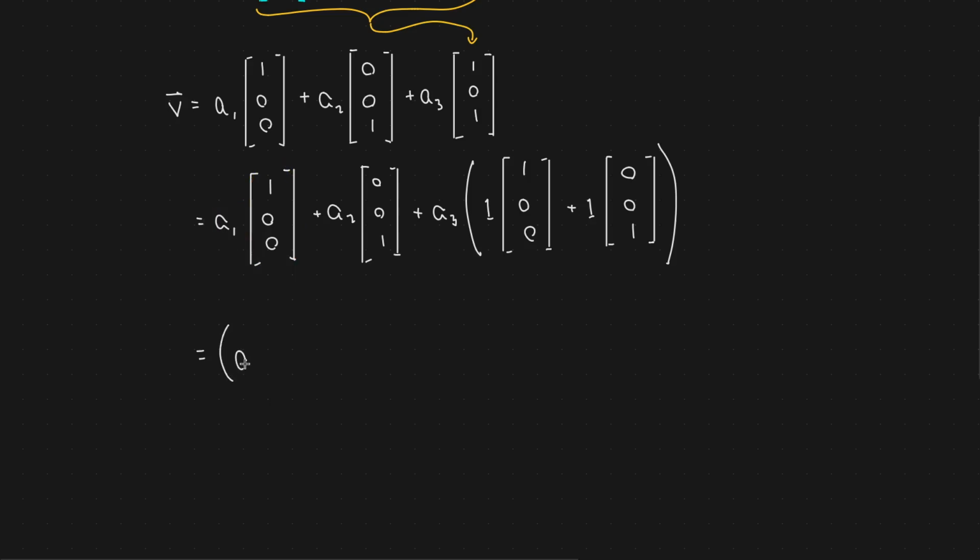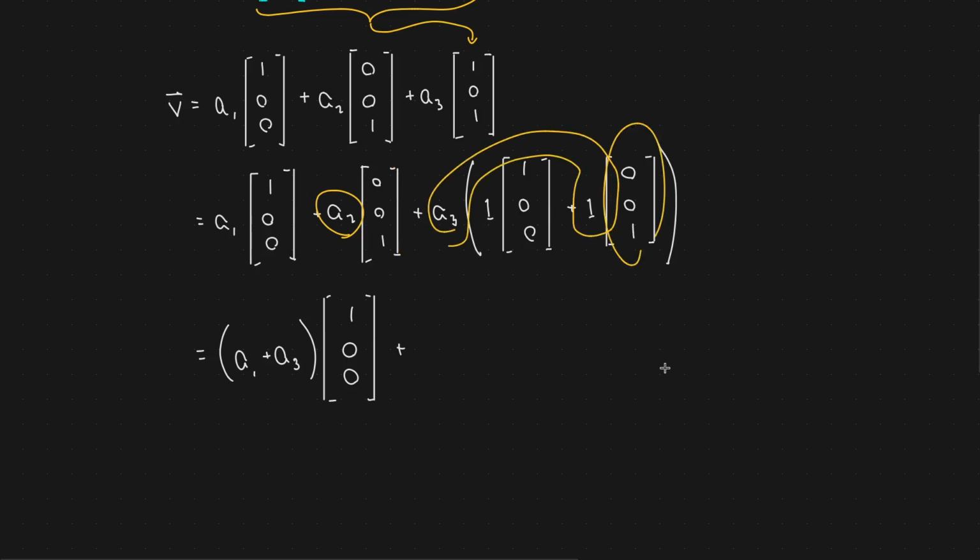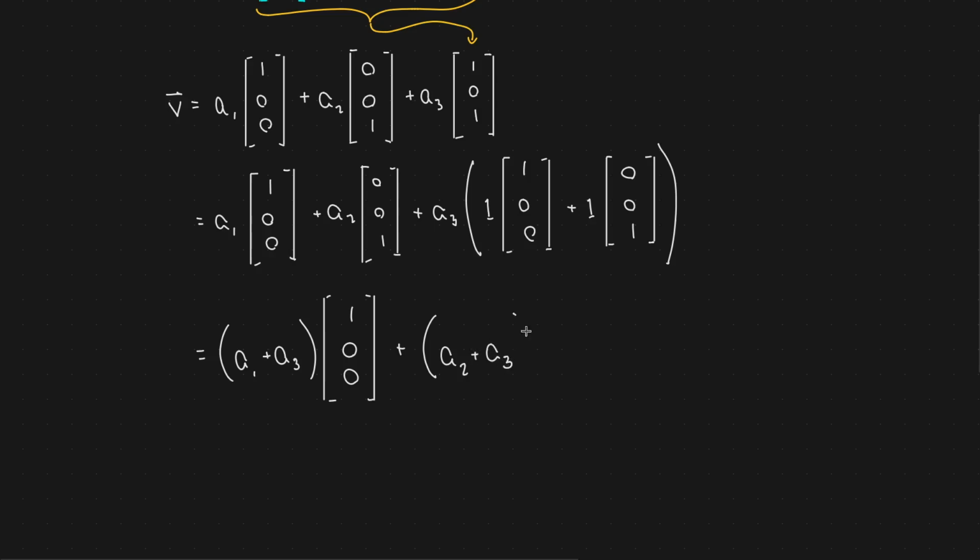So I get a1 plus a3 times vector 1, 0, 0. Plus, and then a2 times 0, 0, 1 plus a3 times vector 0, 0, 1. So I get a2 plus a3 times vector 0, 0, 1.